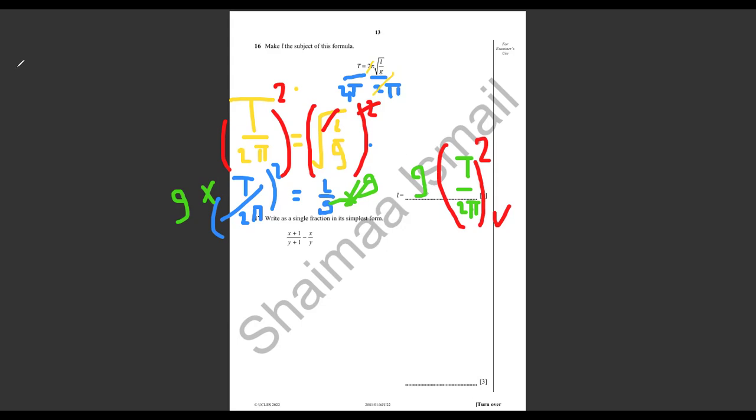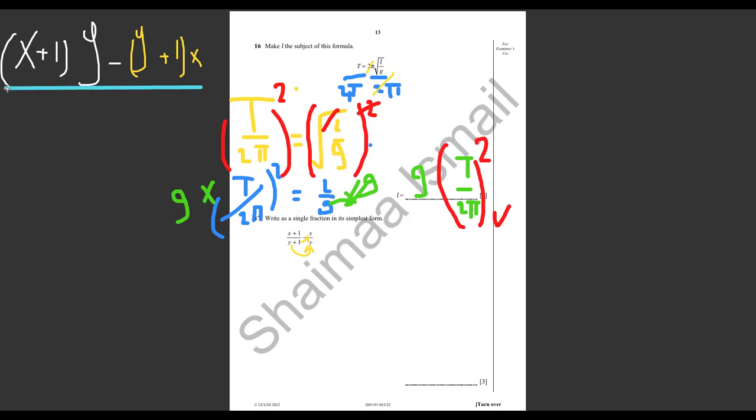So first of all, x plus 1 multiplied by y, then minus the second part, which is y plus 1 multiplied by x. Dividing by multiplying the denominators with each other, x plus 1 multiplying by y.